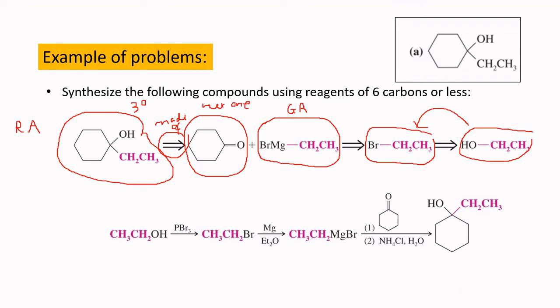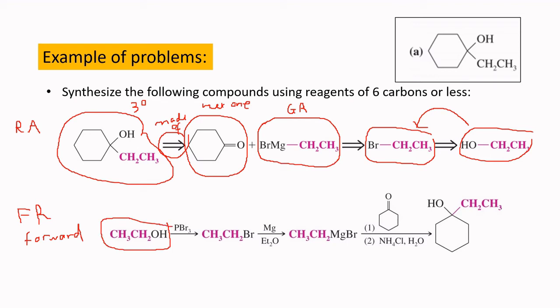Okay, so how do we do the transformation? It is like this. This is what we call the forward reaction. Okay, we start from the back here. We start from the alcohol.